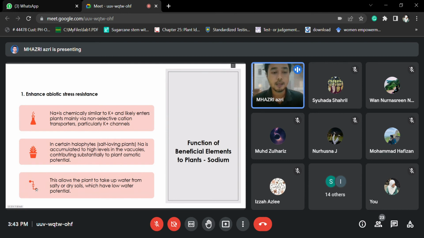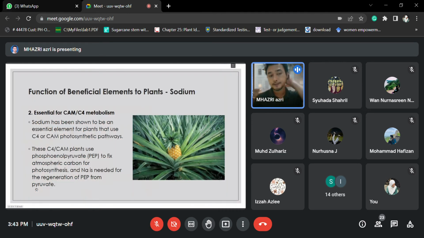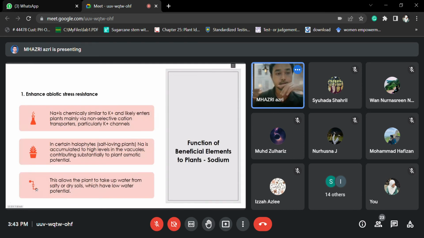Okay, in certain halophyte, sodium is accumulated to high levels in the vacuoles, contributing substantially to plant osmotic potentials. This allows the plants to take up water from salty or dry soils which have low water potentials. Okay. This is how sodium can enhance abiotic resistance of plant.